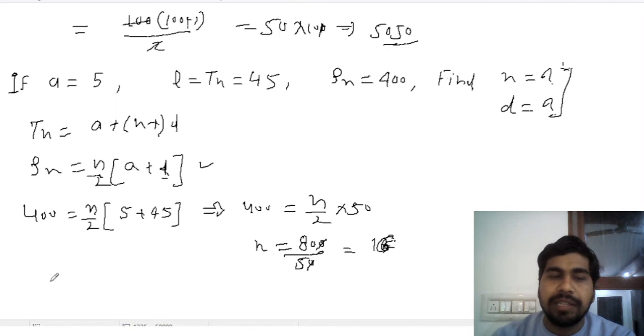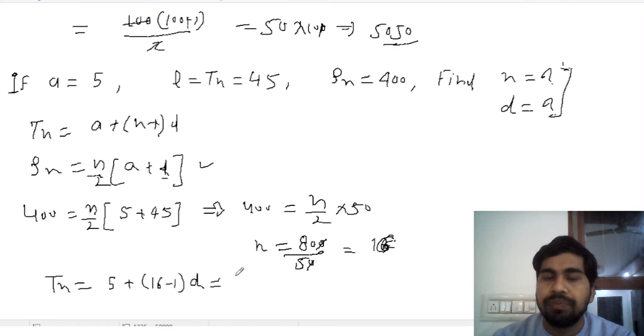Now we can write Tn is equal to a, meaning 5, plus (16 minus 1) into d is equal to 45.